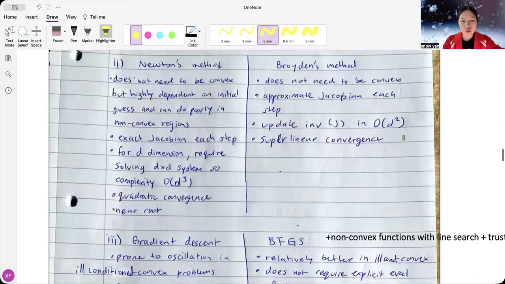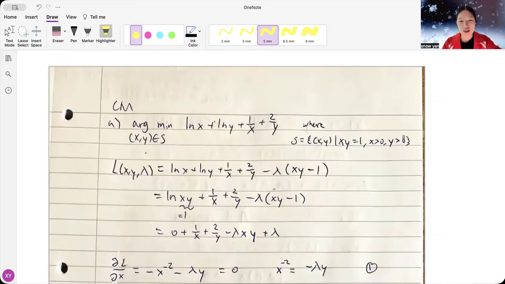The original way that I did this question was that I did not spot that I can simplify it using the condition that y equals 1 over x. So instead I just used the Lagrangian method. But I did simplify using the log part so that this part became 0.